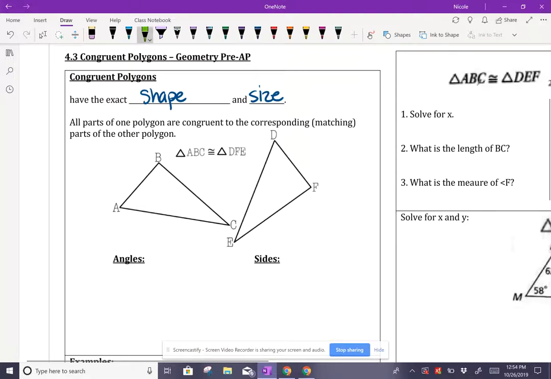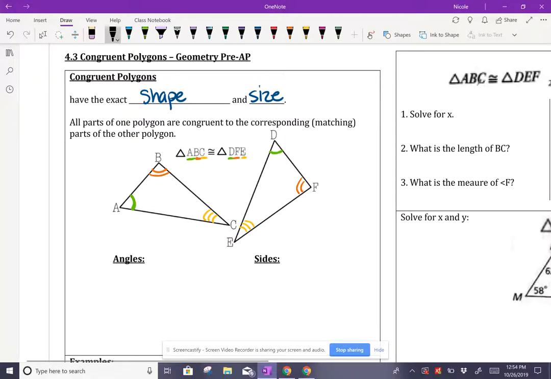So if we look at our two triangles that we have here, I have ABC and DEF. So that means angle A is listed first, so that's going to correspond to angle D. So if they're congruent, then angle A is congruent to angle D. Angle B is going to be congruent to angle F, and angle C is congruent to angle E. So the order of the letters will matter if they are congruent, because that tells you which pieces match up with each other.